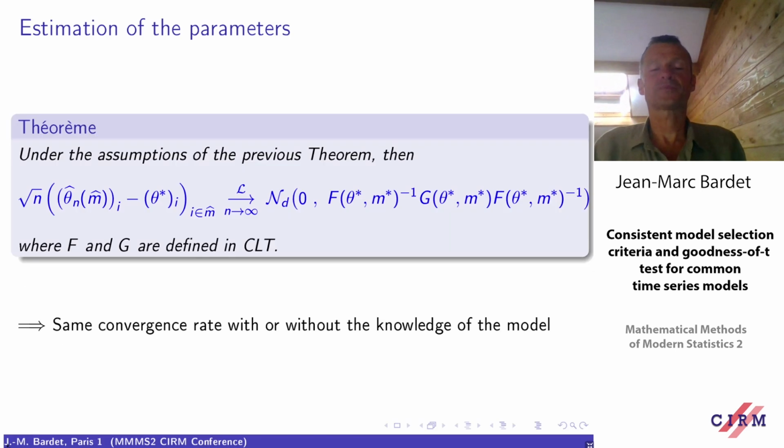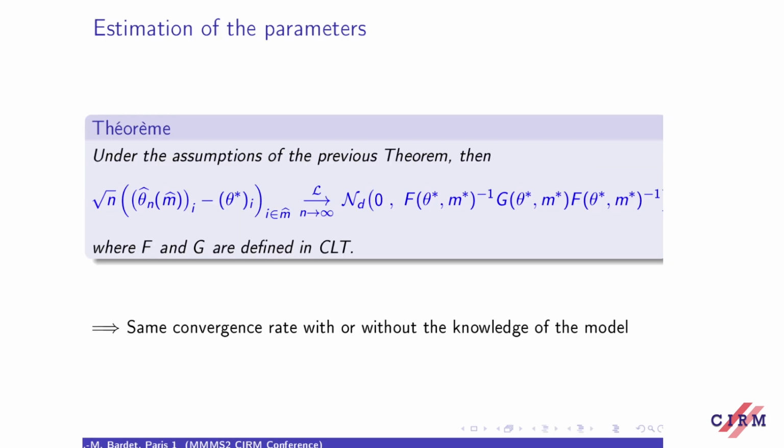Okay, so finally, if we now use the selected model M hat, we can estimate the parameters of this selected model, and asymptotically we have exactly the same asymptotic normality as we had before.